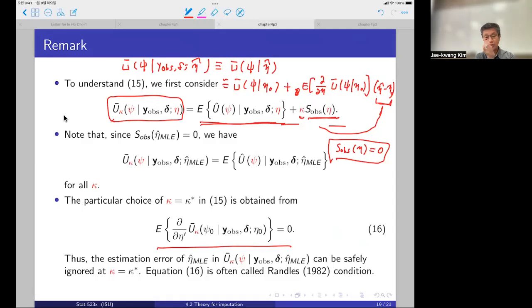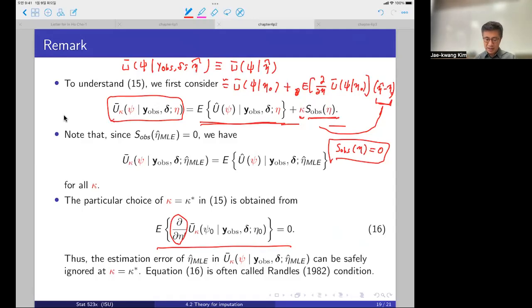Because we already view it as a linearization with respect to eta, if we take the further partial derivative with respect to eta, it should disappear, because it is already linearized.